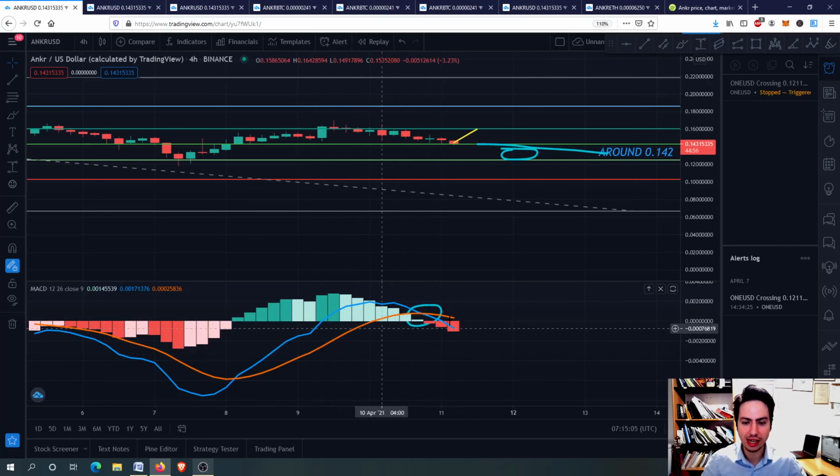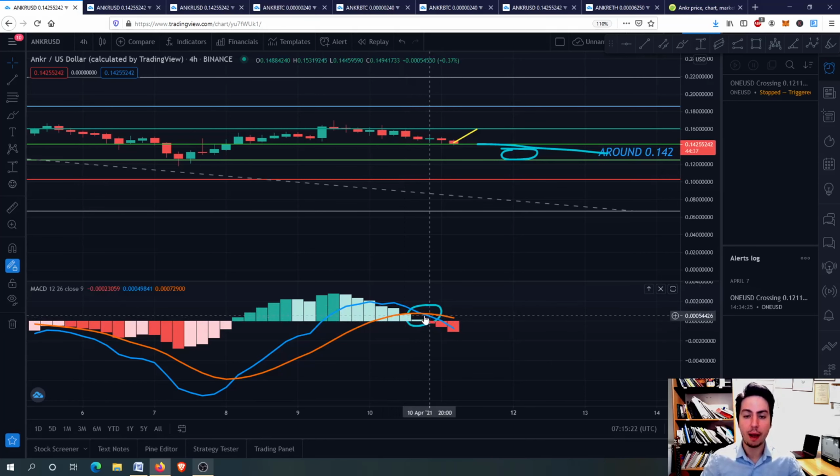Based on our signal line we can see if we have a bearish situation or a bullish situation. When the blue line is below the signal line we have a bearish situation, and when the blue line is above the signal line we have a bullish situation. Is that always the case? No, it's not always the case.